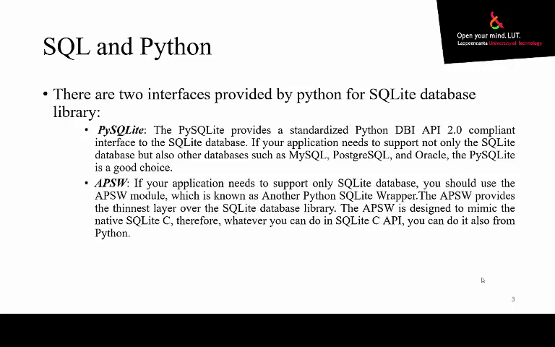If you're working on stuff that requires MySQL, PostgreSQL, Oracle and so on, this might be a good choice. And there's APSW, which is a Python SQL wrapper for SQLite. So if you're just working on a database that requires only SQLite, then you can go for this. That is just one note I should let you know.